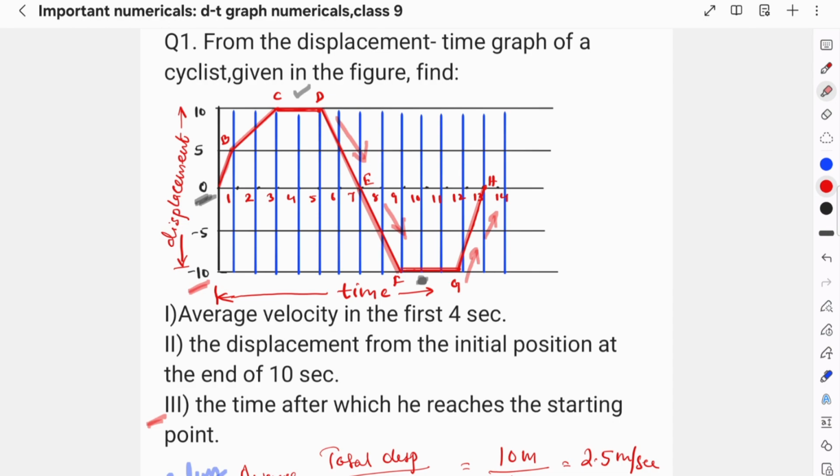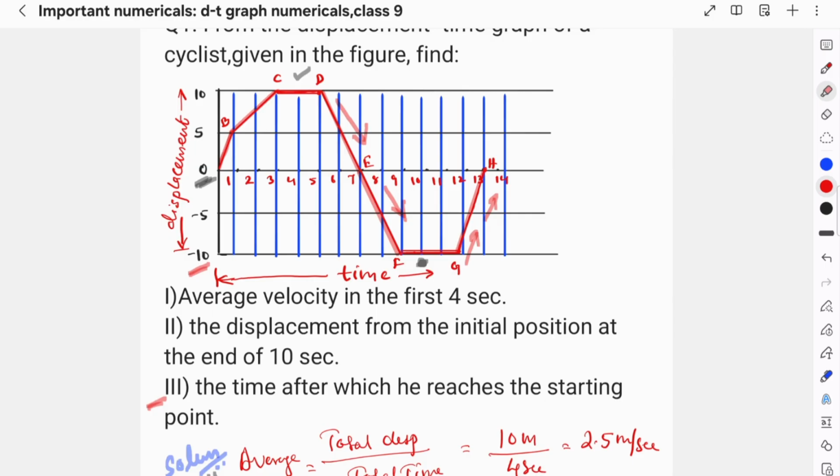Now when he was traveling from plus 10 meters to minus 10 meters, in between he has again crossed the initial position, that is the 0 level, and after that he is again traveling back to his initial position, that is, after 12 seconds he started traveling towards the original position.